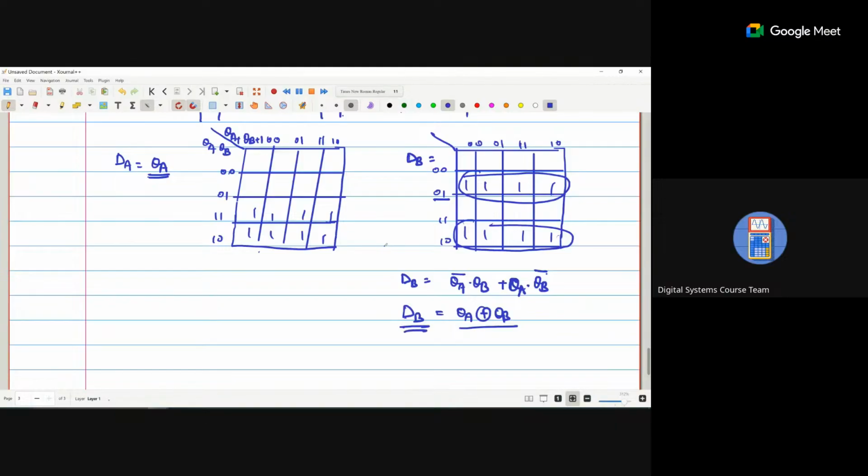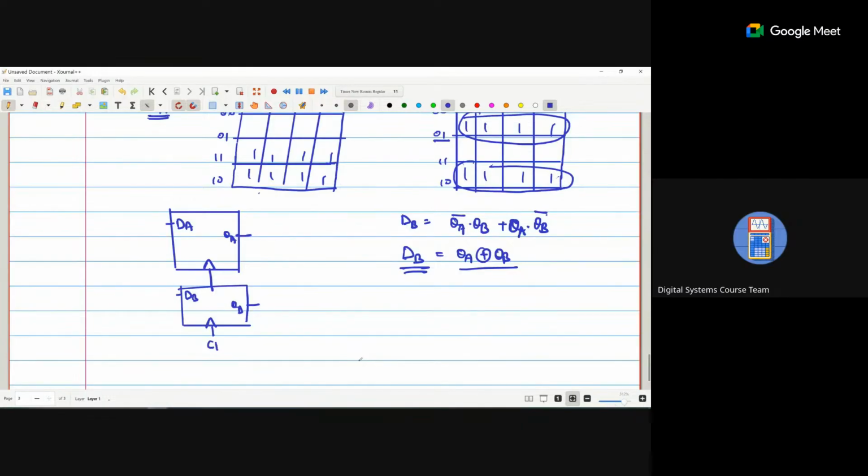Okay, so we have 2 D flip-flops. One is DA, DB. The outputs are QA, QB. Here is the clock pulse. For DA, we require QA.